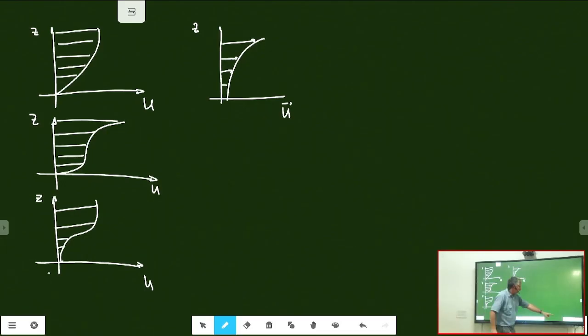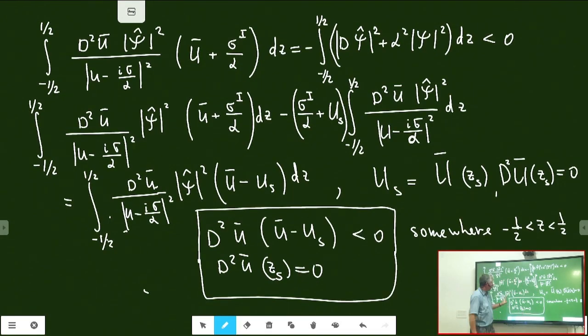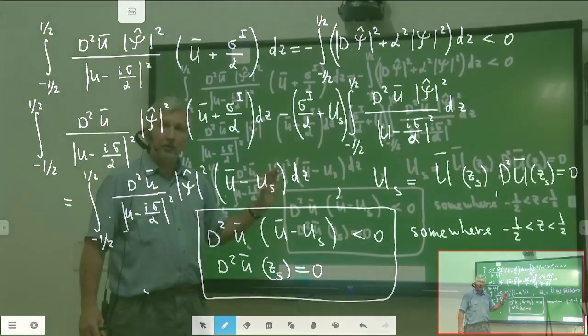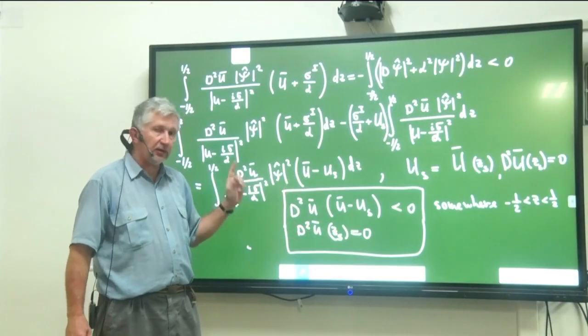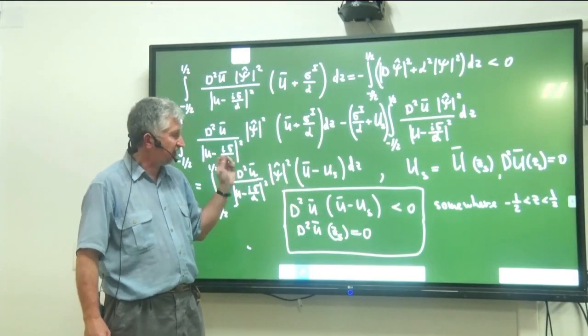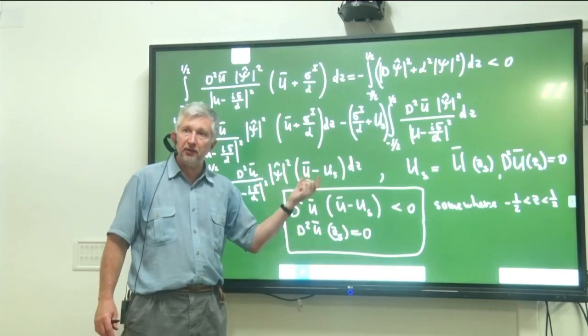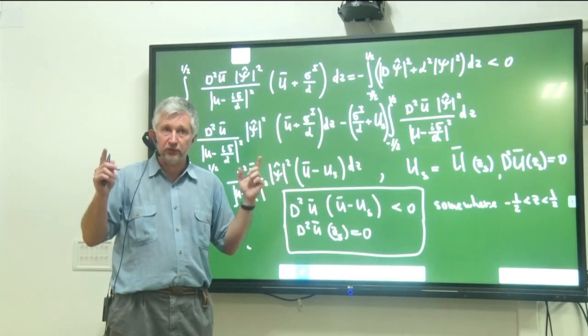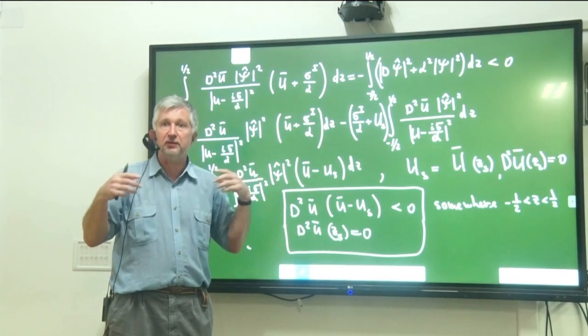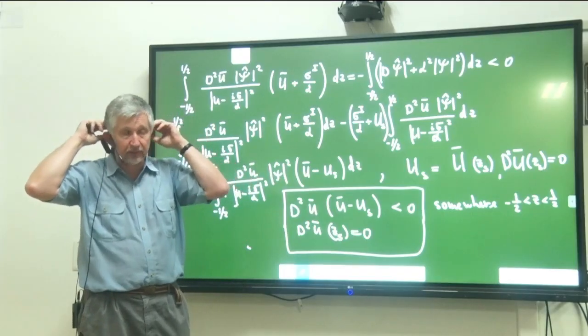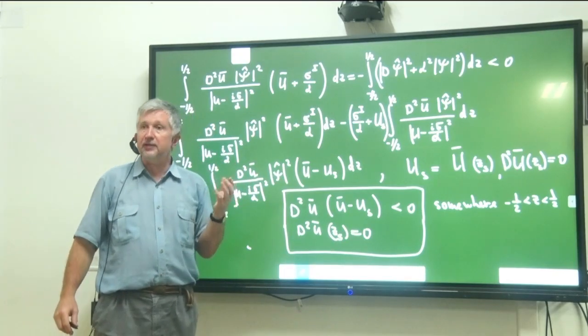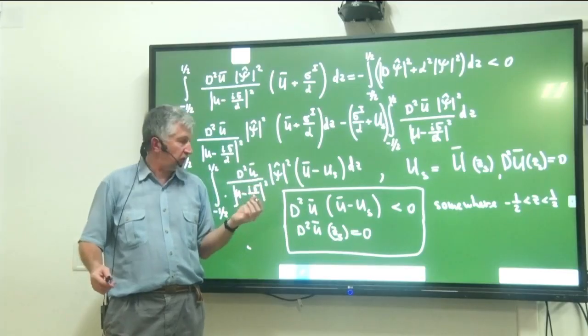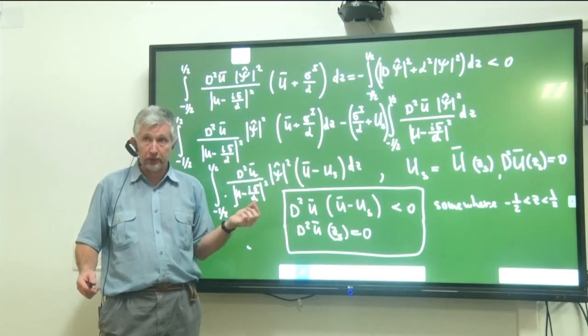So we derived, or rather re-derived, what was derived by Rayleigh and Fjortoft: two algebraic conditions which are quite universal. The value of these conditions is that you only need to look at the velocity profile itself to tell whether it is stable or not, or at least make some conclusions about whether this is observable or not.